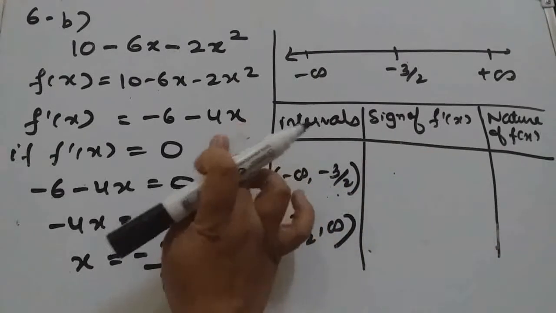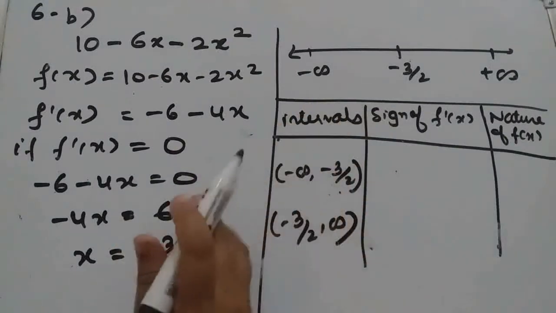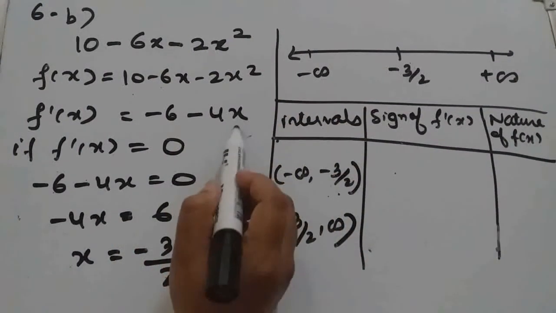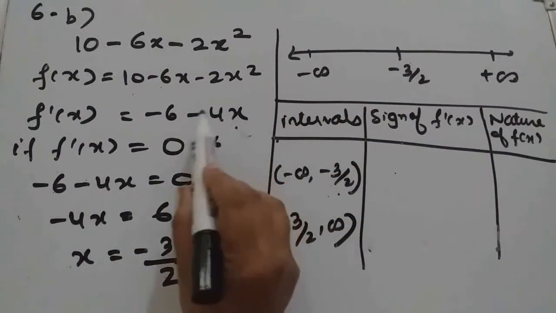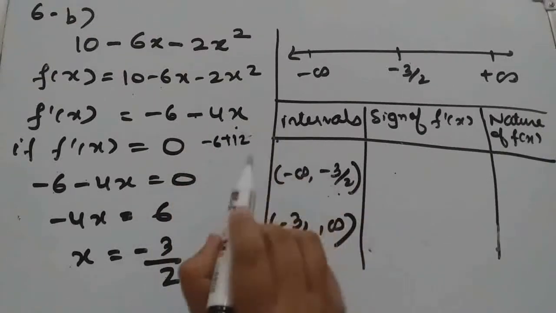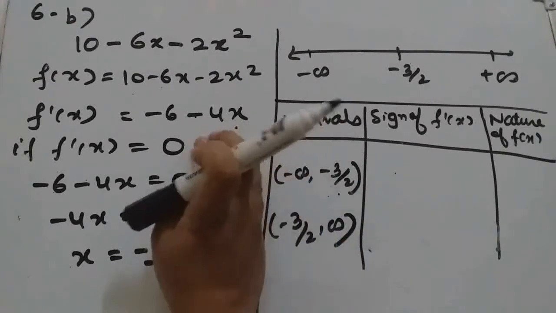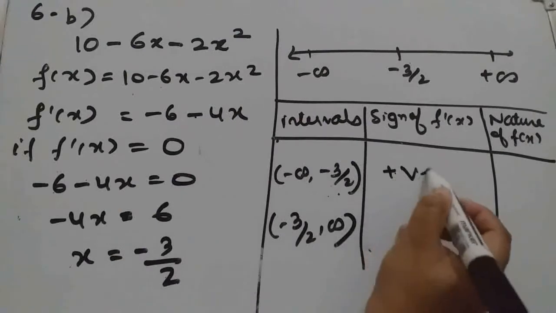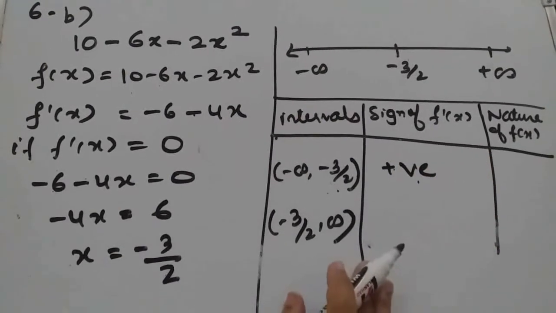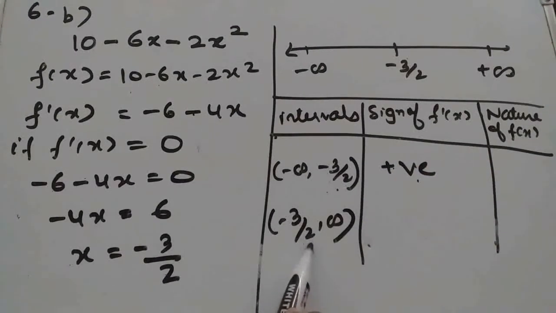Okay, or you can check for another number also. Suppose minus 3, so minus 6 minus minus 12, so again positive. So we are getting a positive value here. So the sign of the derivative is positive for this interval. For the other interval you can check from minus 3 by 2. So suppose put 0.